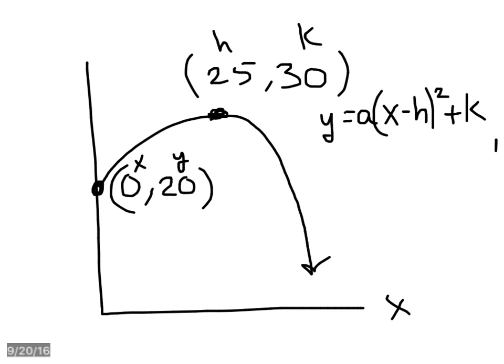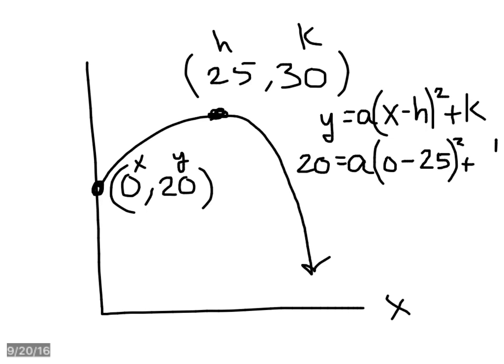So plug in what you know. What's the y coordinate that we have? 20. Do you know how big a is? No, not yet. What's the x coordinate? 0. Minus, what's the h coordinate? 25.